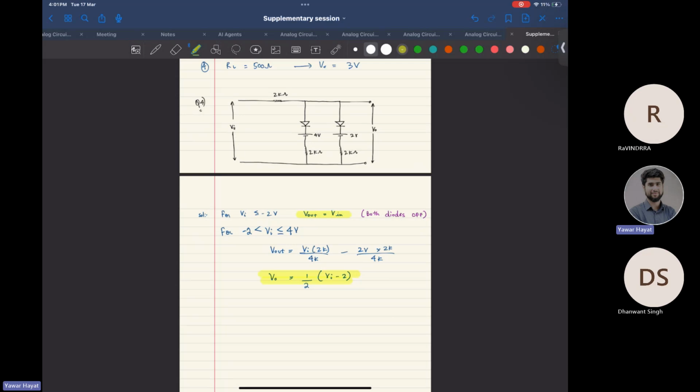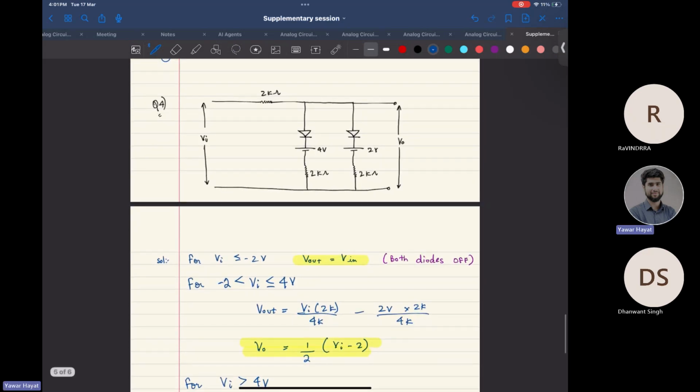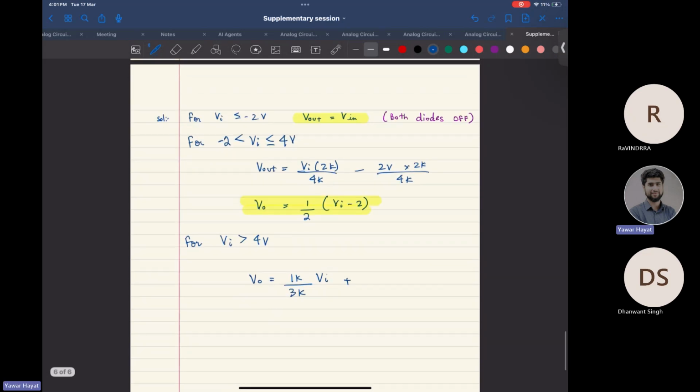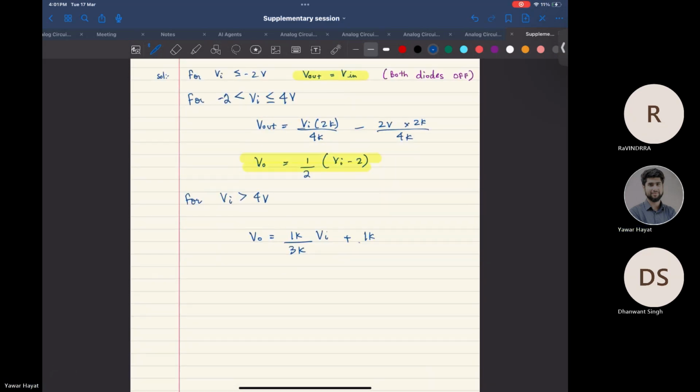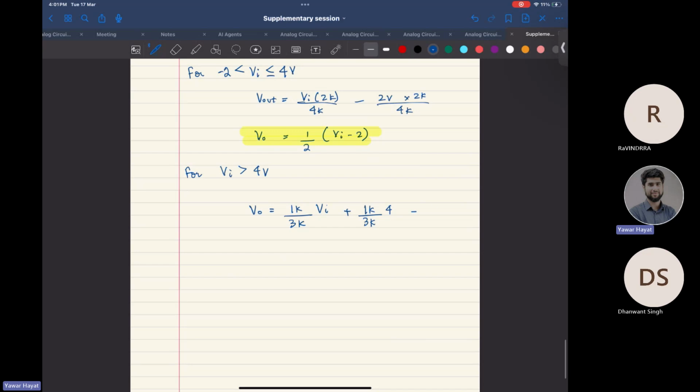And for the range when Vi is greater than 4 volts, my V output would be 1K by 3K of Vi, and then 1K by 3K of 4 minus 1K by 3K of 2.